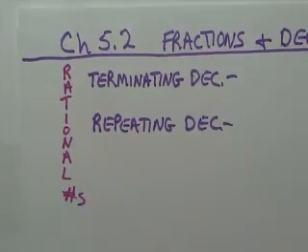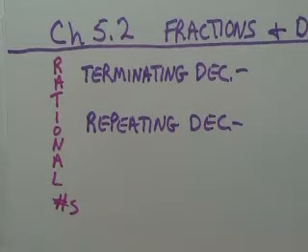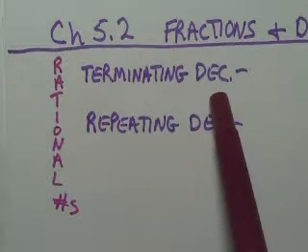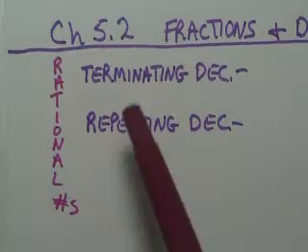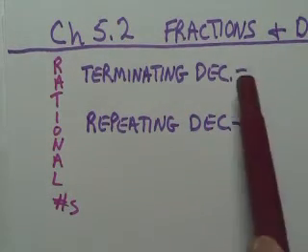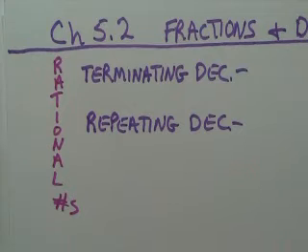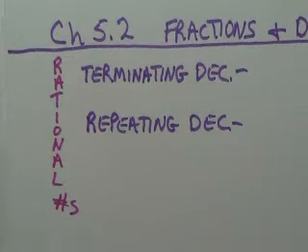You can write it any way you want to. Some of the rational numbers are terminating decimals and repeating decimals. I just abbreviated decimals. These are both what they call rational numbers.